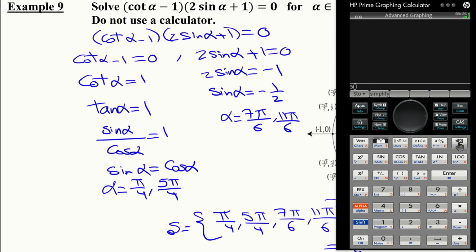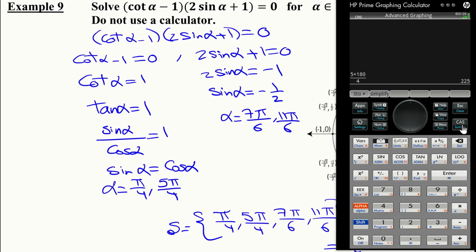This calculator is a little touchy. I have to put times. Some calculators automatically assume the multiplication when there's parentheses involved, some don't, but this one really wants you to be in good proper format. All right, so 5 times 180 divided by 4, and we end up with 225.